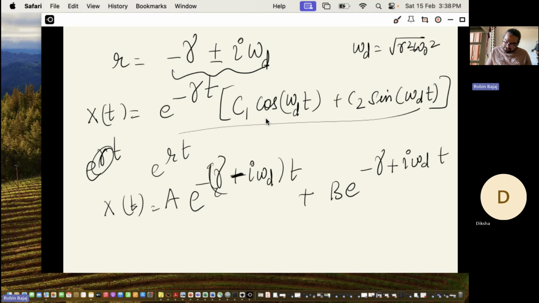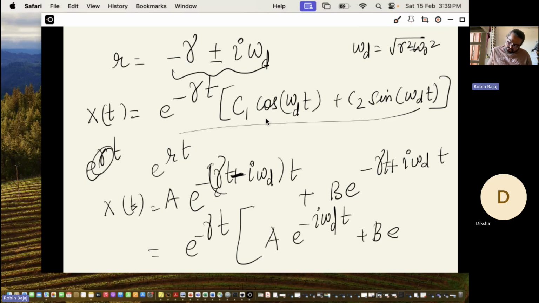Then I'll take e to the power minus gamma t common. It would be a e to the power minus i omega dt plus b e to the power i omega dt. Now this I can write in terms of cos and sine.